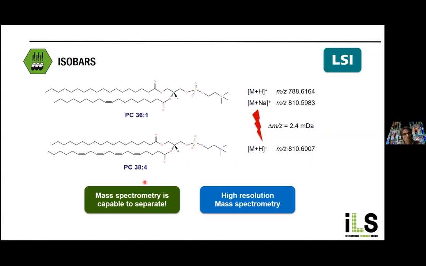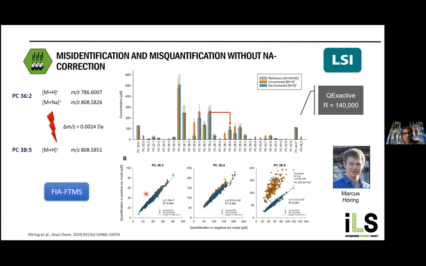These peaks perfectly overlap, and therefore you can do a kind of type 2 correction we used from the triple quad. You calculate for the internal standards the ratio of sodiated to protonated peaks, and that ratio is used to correct these data in positive ion mode. If you don't do correction, you see here the PC, this is plasma data, I think several hundred data points.